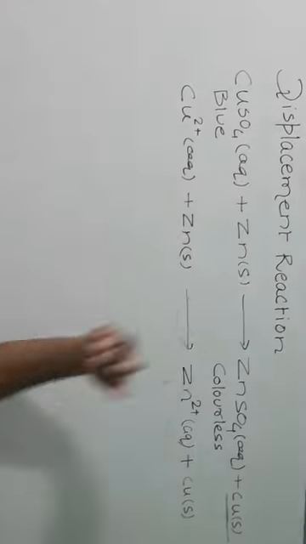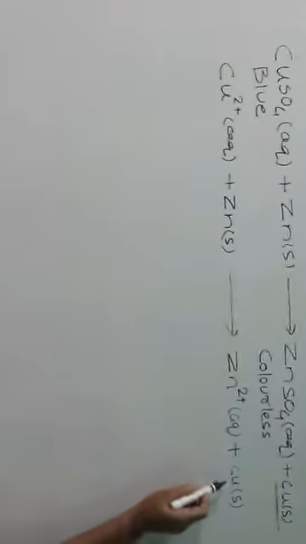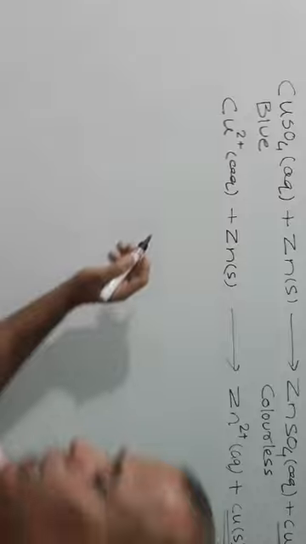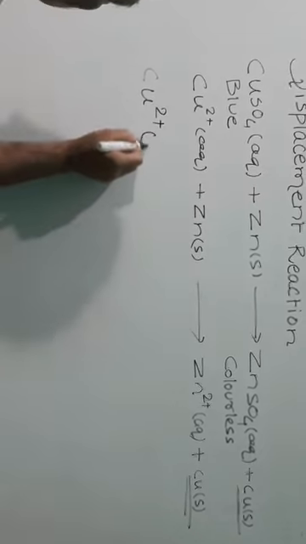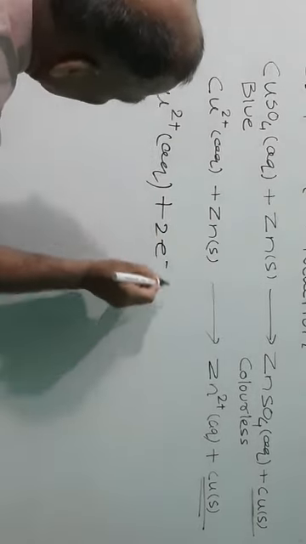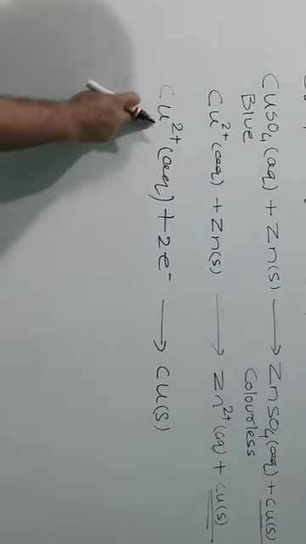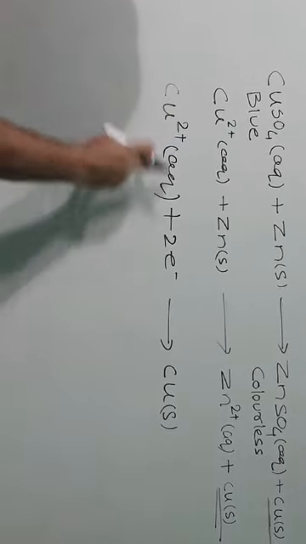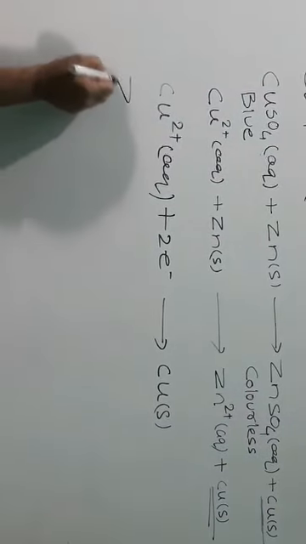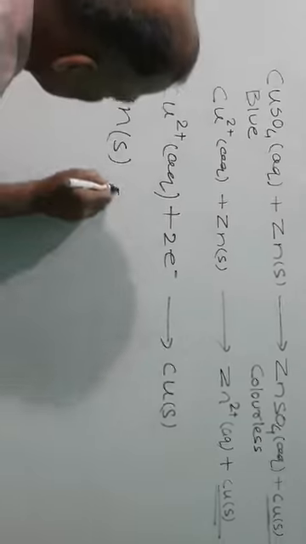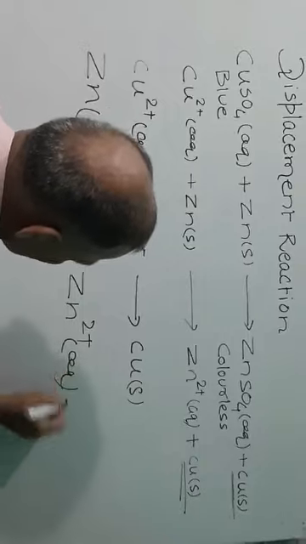So what happens in this reaction? The copper 2 plus ion in aqueous solution takes 2 electrons and converts into copper solid, and the zinc solid loses 2 electrons and converts into zinc 2 plus ion in aqueous solution.